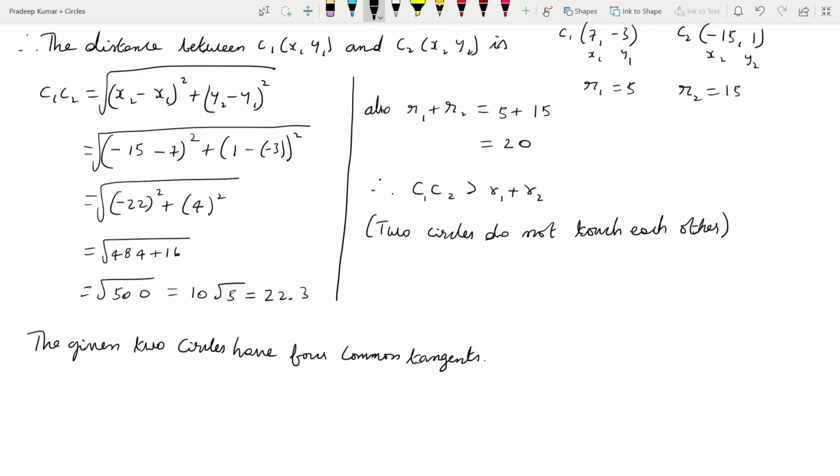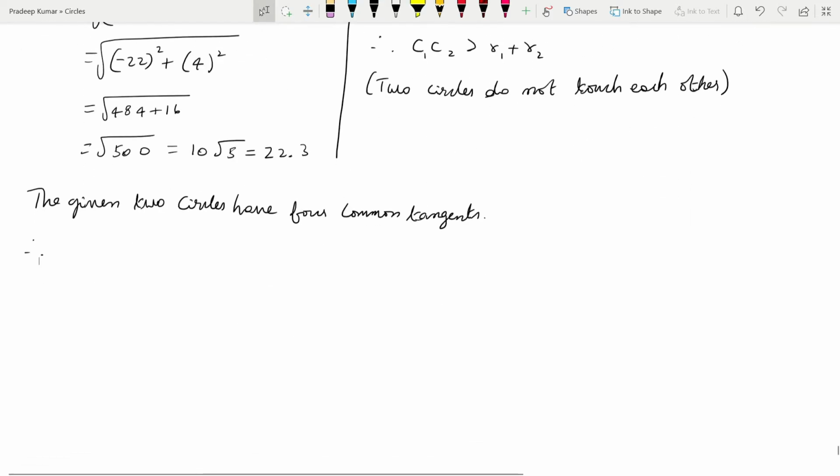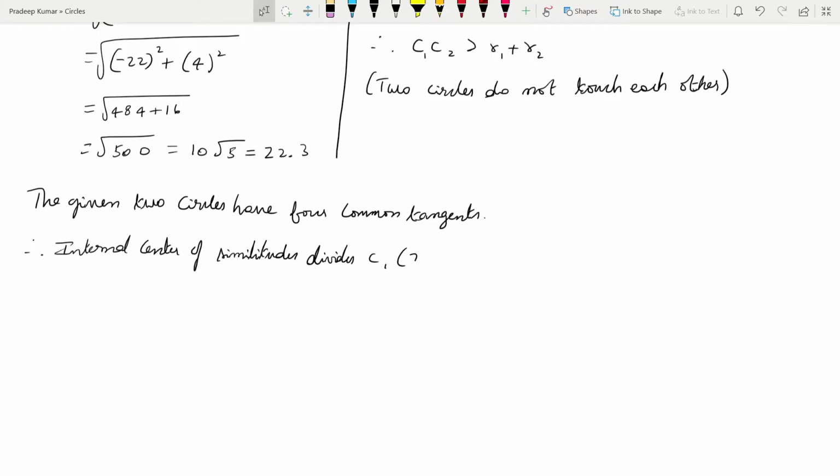First we'll find the internal center of similitude. It divides center 1, that is 7 comma minus 3, and center 2, which is minus 15 comma 1, internally in the ratio R1 is to R2.